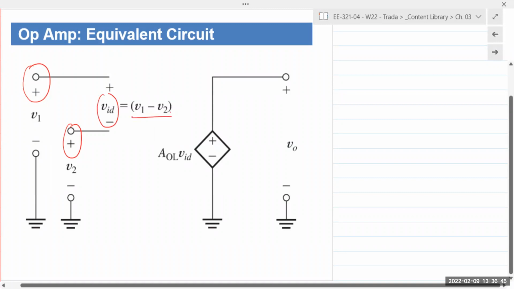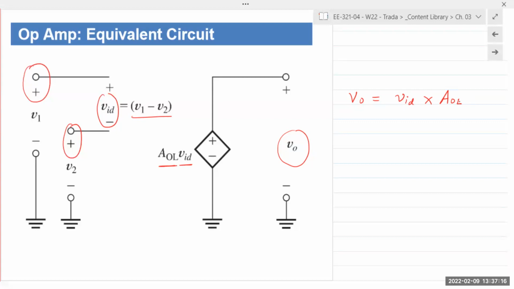On the output side, we have a constant voltage, which is the differential input times the open loop gain. And so it is modeled as a dependent voltage source.